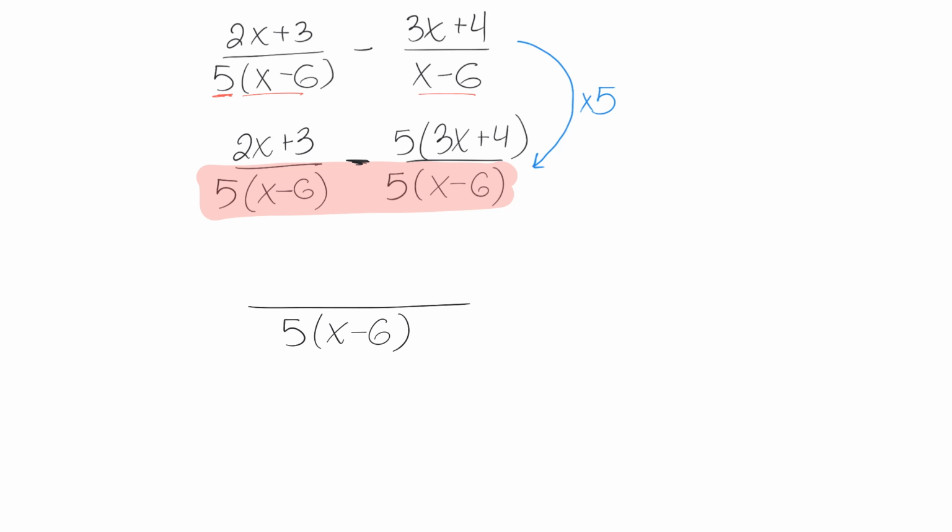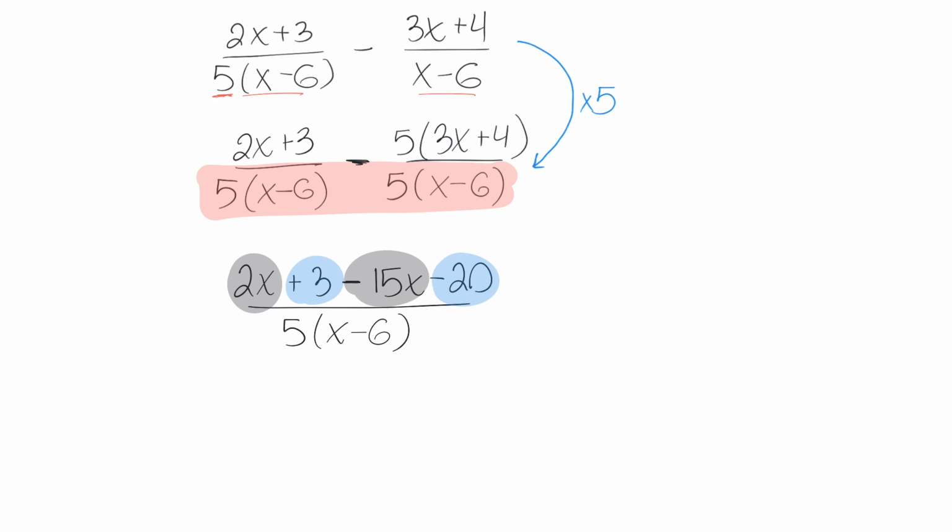So if we start way over on the left, 2x plus 3 minus, this is 15x, so minus 15x. And right here, remember we said 5 times 4 is 20, so minus 20. Okay, now we can combine like terms. I've got x's and I've got whole numbers.